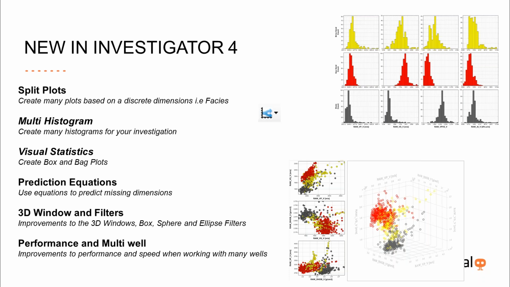I'll also touch upon prediction equations, where we can use equations to predict missing dimensions or missing data. I'll mention the 3D window and some of the new filters we've added there and how that can help you in a multivariate analysis workflow. And I'll mention also that we've improved a lot of the performance and multi-well handling of the Blueback Investigator.